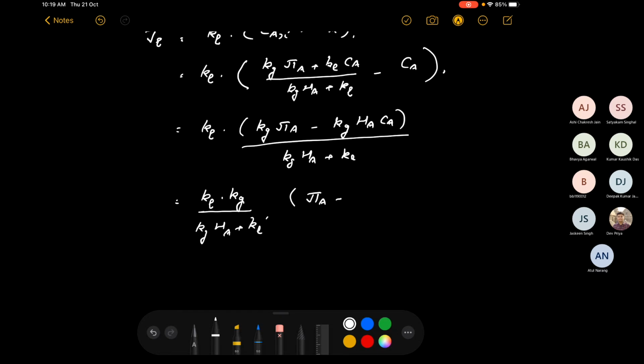And this thing can now be written as pi A minus, and here you get HA KG. I took CA. Did I make a mistake somewhere?